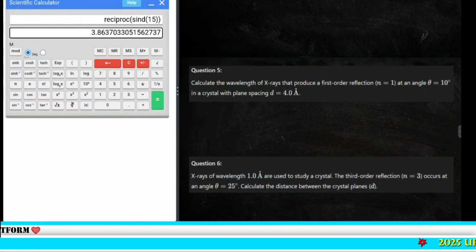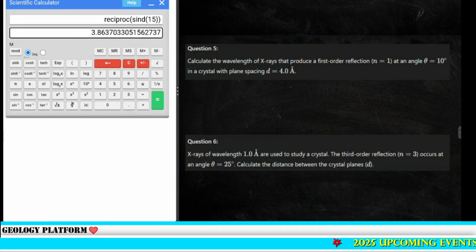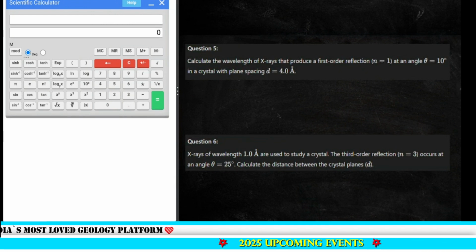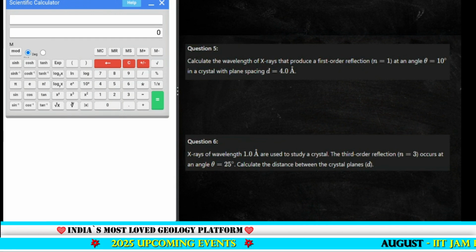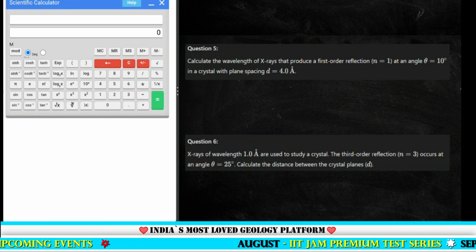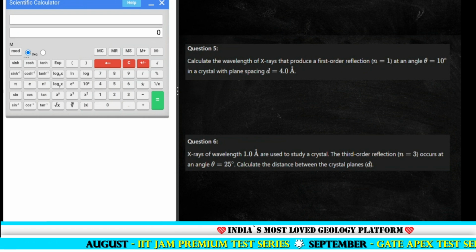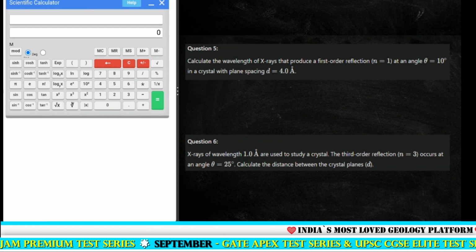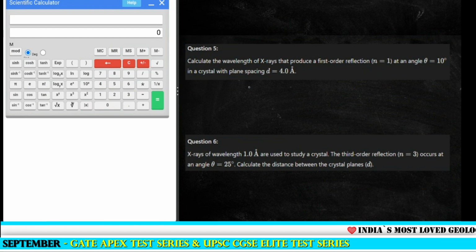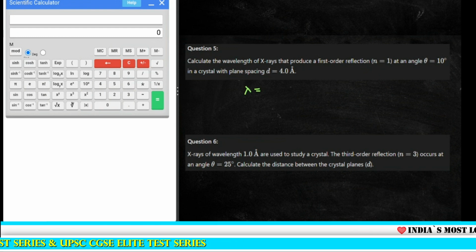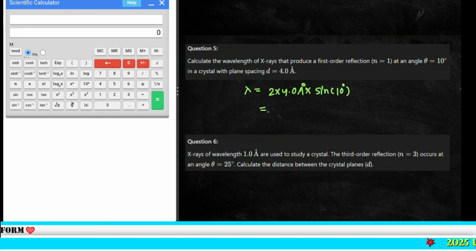We have another 5 questions we are going to do quickly, so that you guys can handle any average situation that may come in your examination. So what is asked here? Wavelength. It is first order, so simply lambda is equal to 2 into 4.0 angstrom into sin 10 degree, that is 8 angstrom into sin 10.